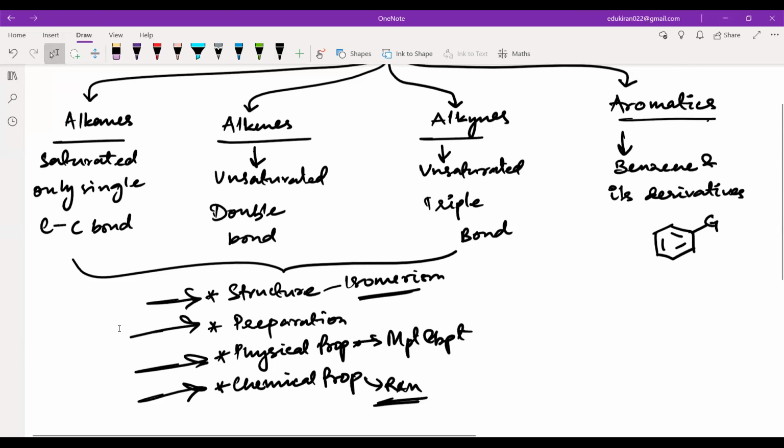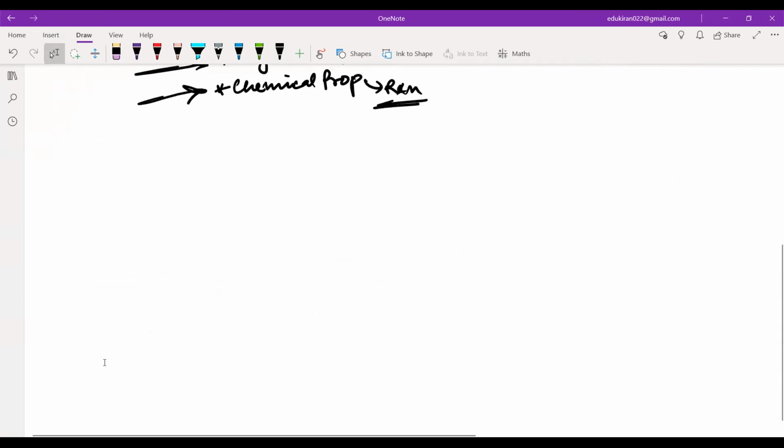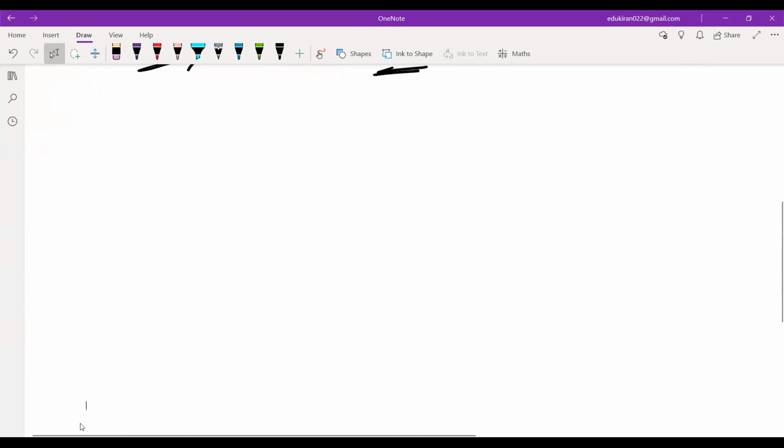Fine. So let us start with alkanes first of all. The first topic that we are going to study will be alkanes. So write the topic, alkanes. Number 1.